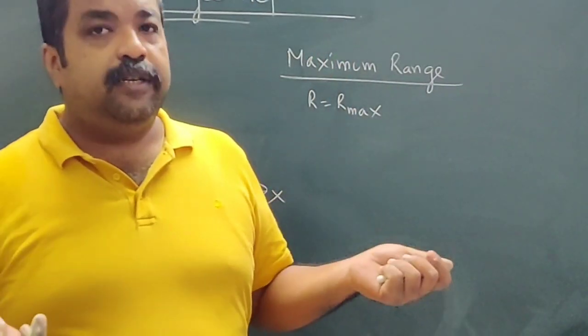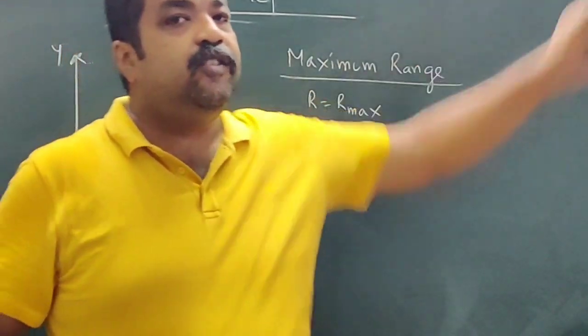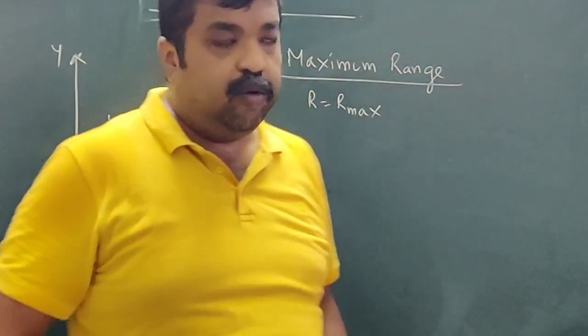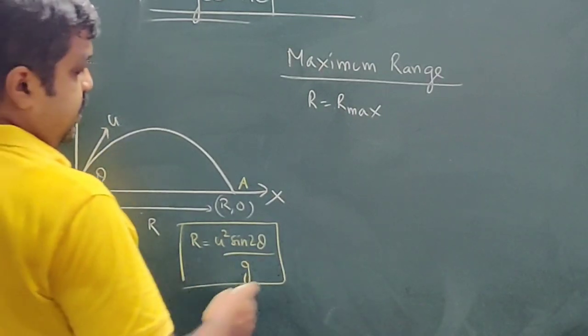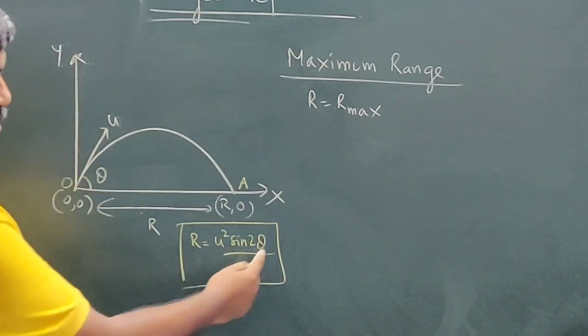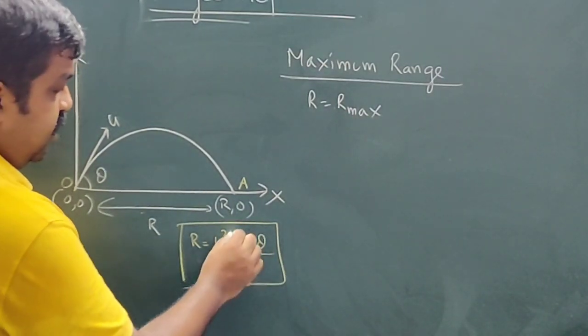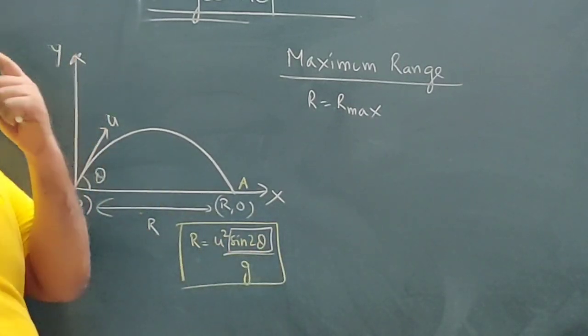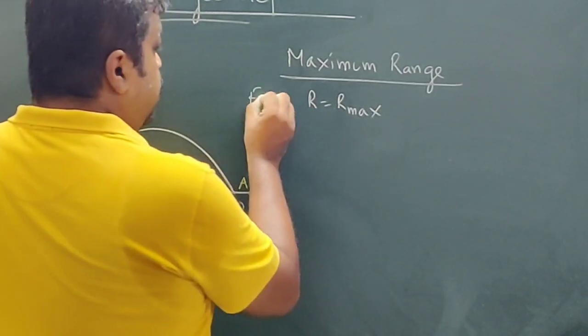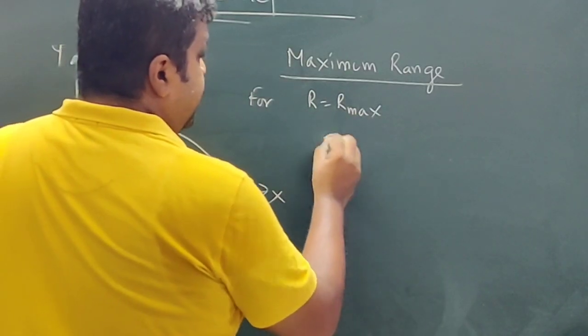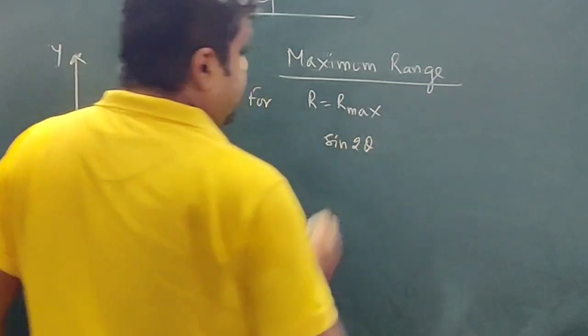You can't throw beyond that. So by varying the angle, you can increase the range. So R equal to R max. For range to be maximum, this u and g is fixed, so this quantity sin 2 theta should be maximum.